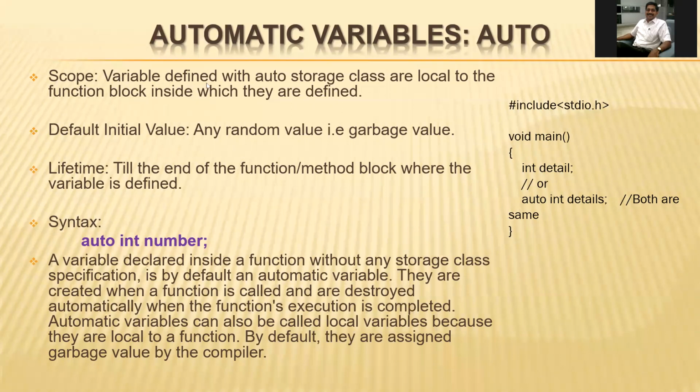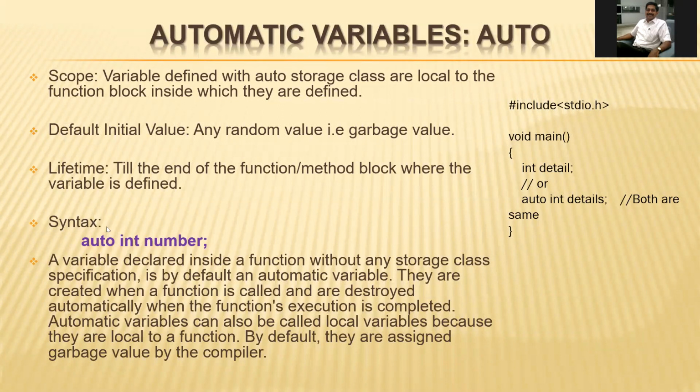Variables defined with the auto storage class are local to the function block inside which they are defined. The default initial value is any random value, that is the garbage value. What will be the lifetime of an auto variable? Till the end of that function or method block where the variable is defined.